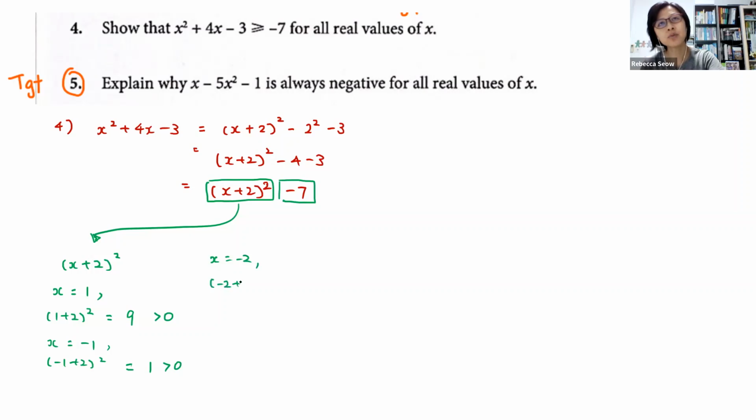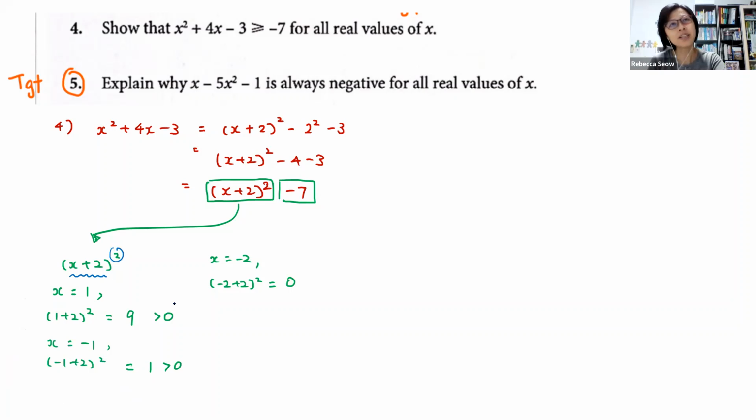Minus 2 plus 2 whole thing square. Oh, 0. I will figure out that with a square over here, whatever is within the brackets, as long as it is not 0, when I square it, it will be given a value that is more than 0.